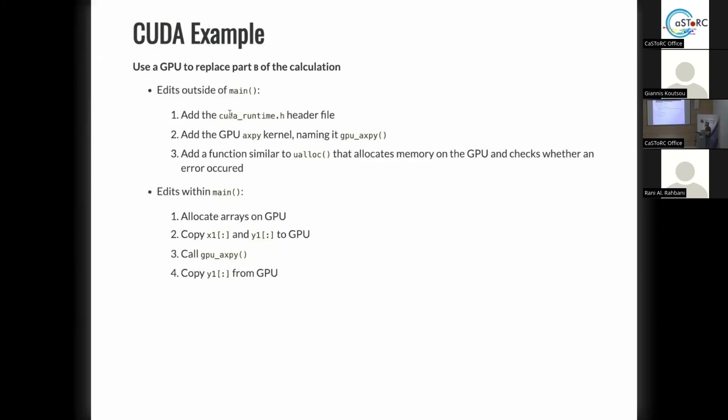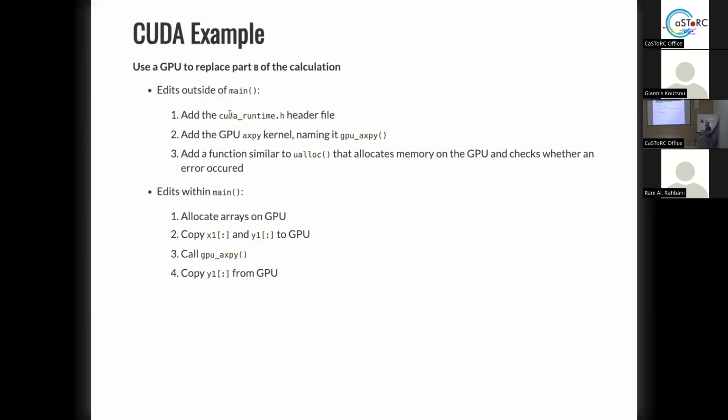And then the other thing that we need to do outside of this AX plus Y is add functions similar to the ones that we use to allocate the arrays on the CPU. We will add functions that do the same, but that use this cudaMalloc rather than the regular malloc in order to allocate the memory on the GPU.